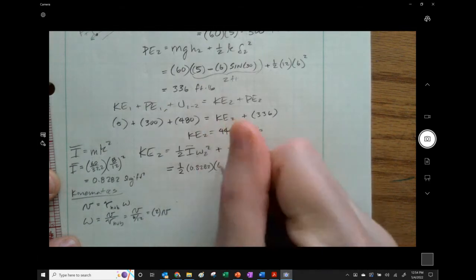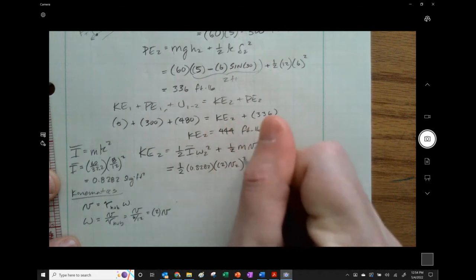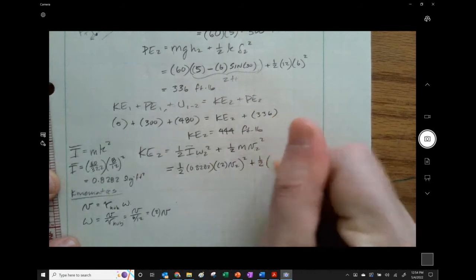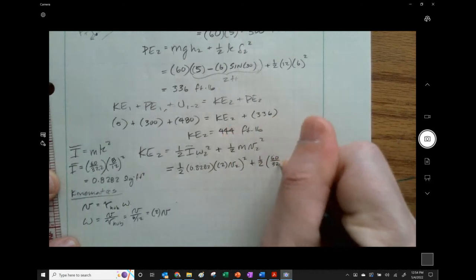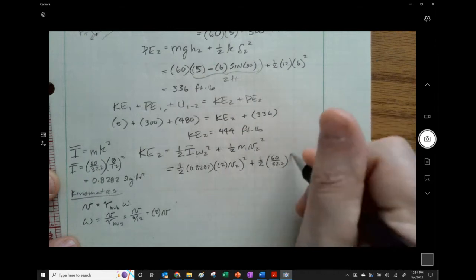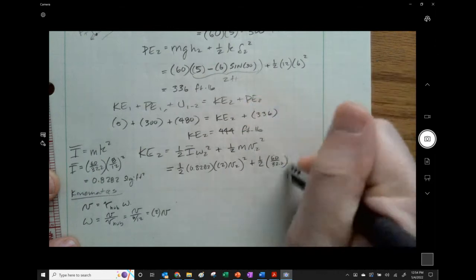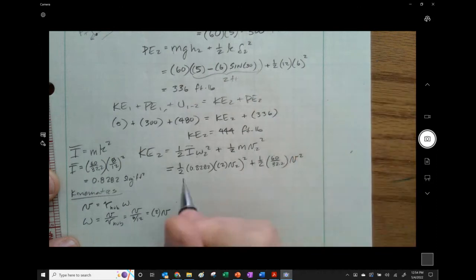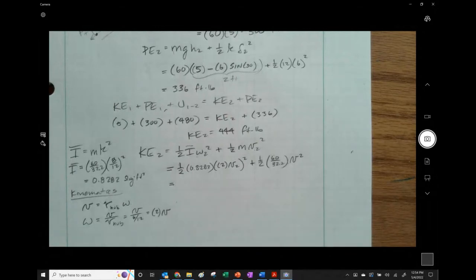So inside of here, we're going to get 2 times v2 squared. We'll place it in there. And then 1/2, and then the mass is 60 divided by 32.2. And I don't need a parentheses, I just need a v2.